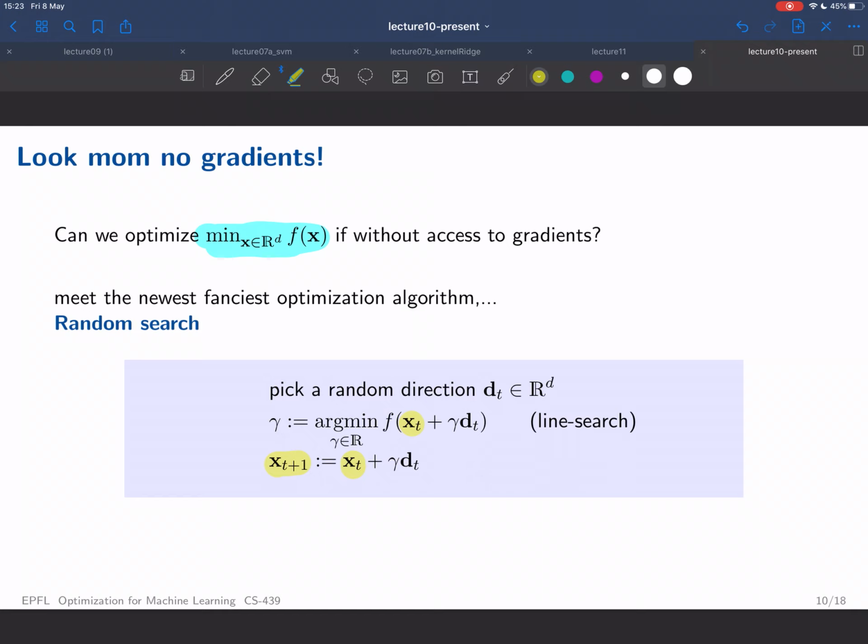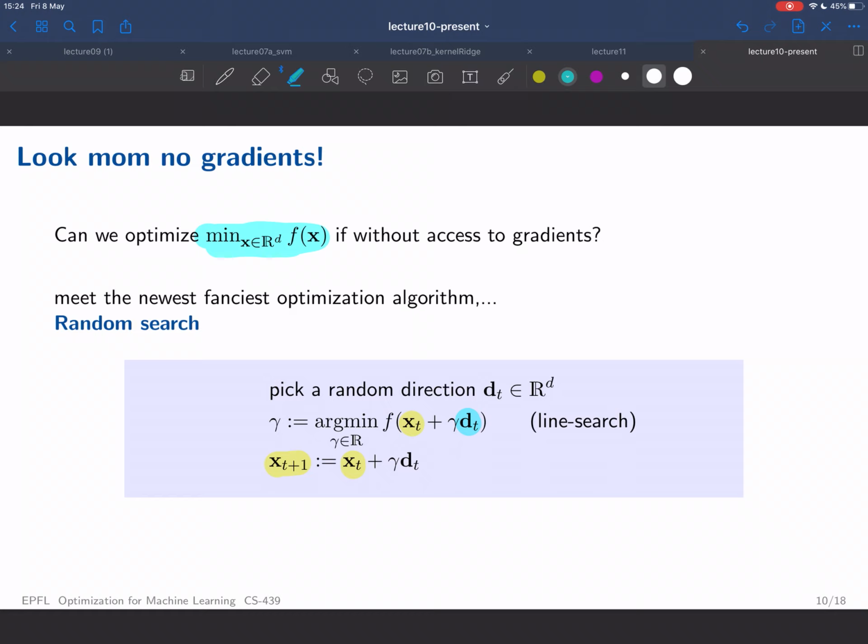I'm going to pick a random direction from all d dimensions, so not only the coordinate directions, but really any direction. You take the entire sphere around you in d dimensions and pick any direction on that sphere. Here it doesn't even matter if it's a short or long vector. Pick any vector you want in d dimensions.